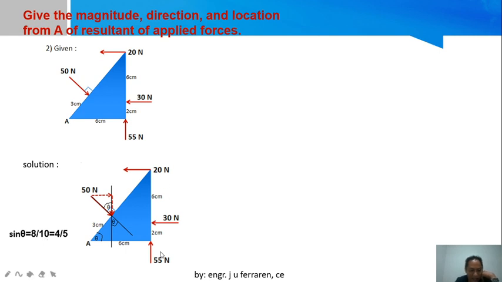Say this is 8, this is 6. So if you solve for the hypotenuse, what's the result? 8 squared plus 6 squared, their sum is 100. Square root, that is why there is a value 10. 8 over 10 is a reducible ratio which can be 4 over 5.